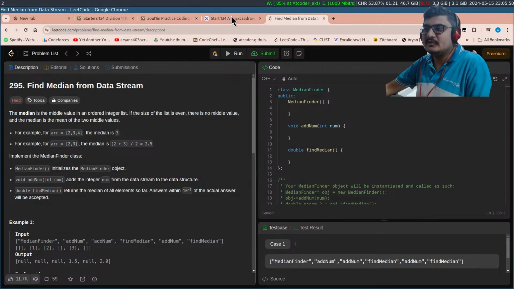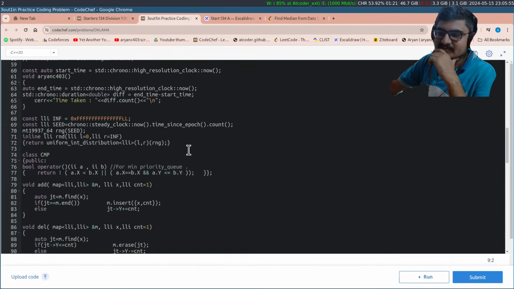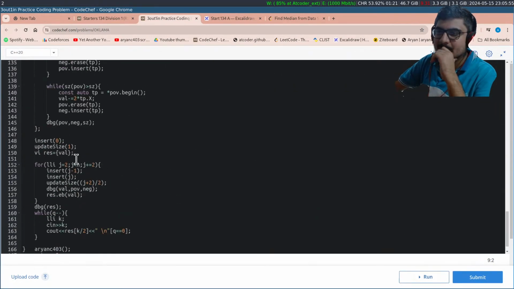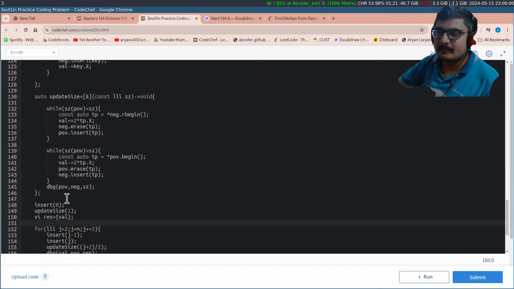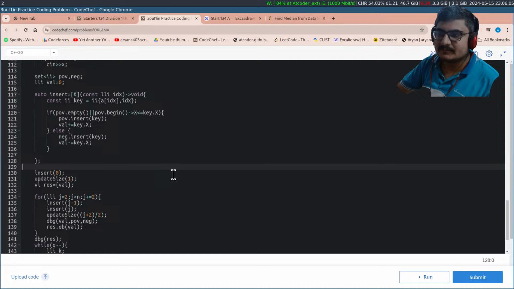And the other thing to note here was that we can only maintain the smallest k numbers in a set as well. Or a multi-set also works.